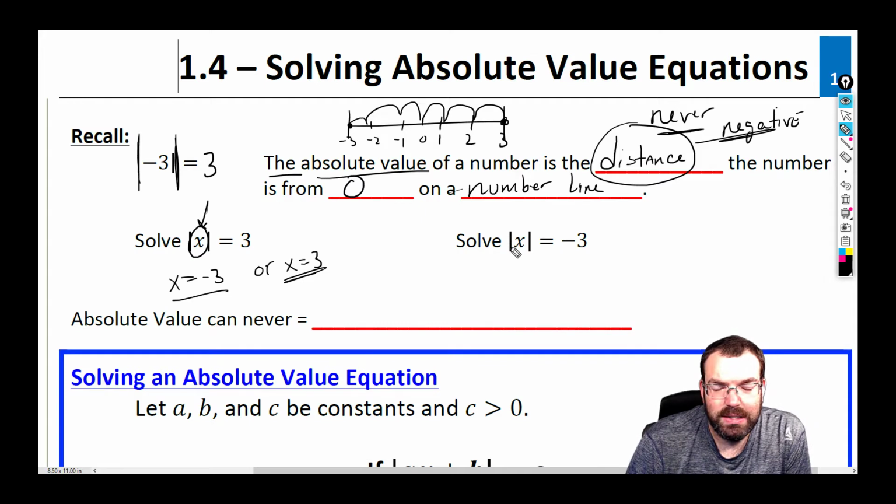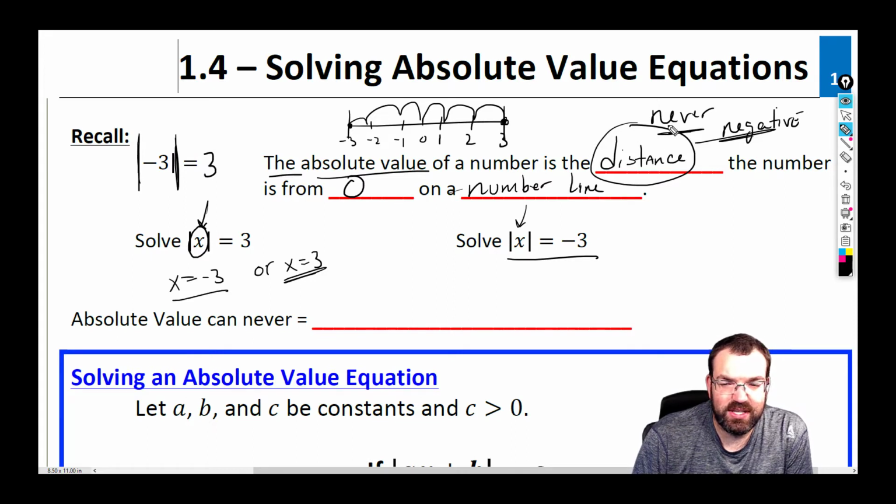Like right here. So I want to solve this equation. Can I have a number, any number, where the distance can be negative? Well, it says right here, distance can never be negative. So the absolute value of something can never be negative. So this just doesn't exist.